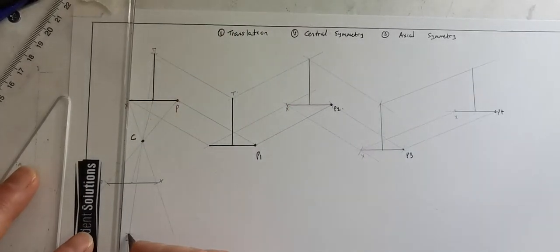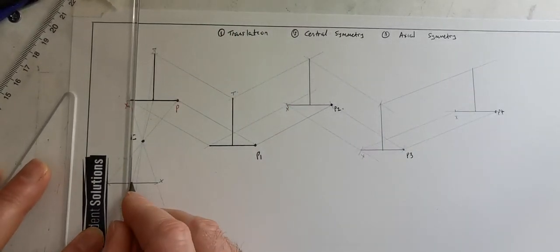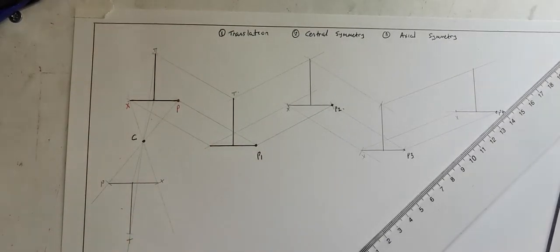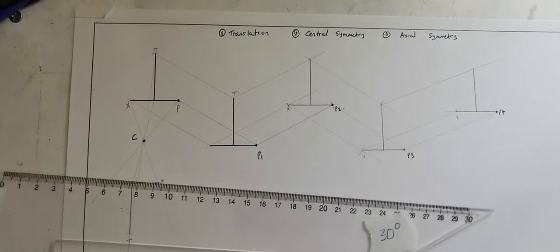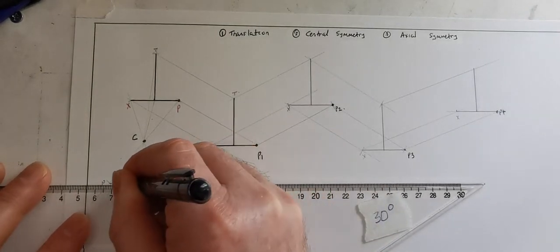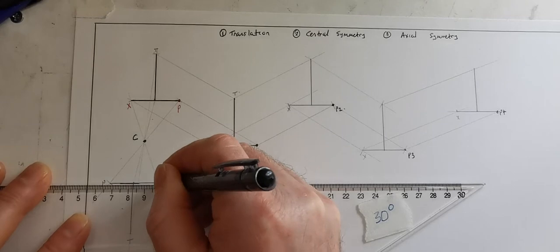So here is my T shape. Now you will notice central symmetry flips it upside down.